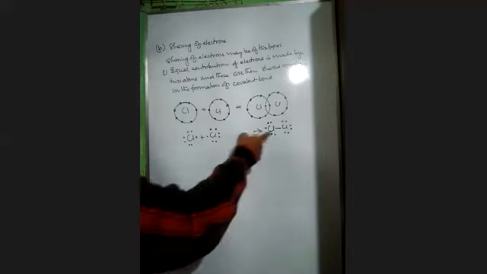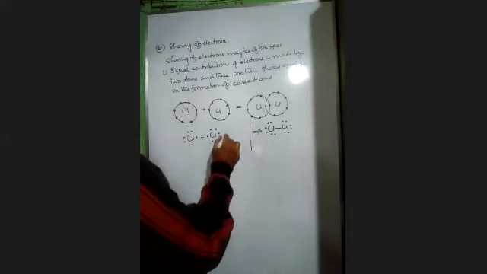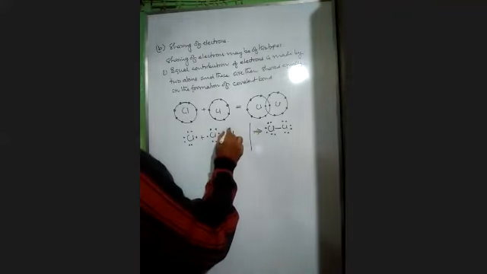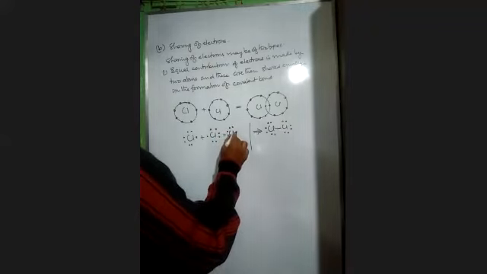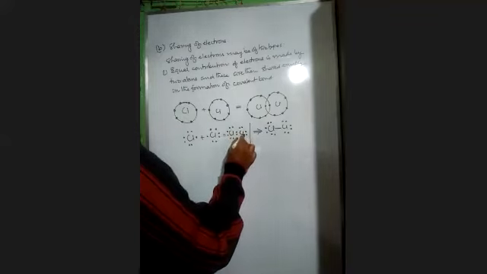So this is the one which is being shared. All right. So what we are going to get here, we'll write like this is the way to express a covalent bond by the Lewis electron dot model. So this is for a single bond.